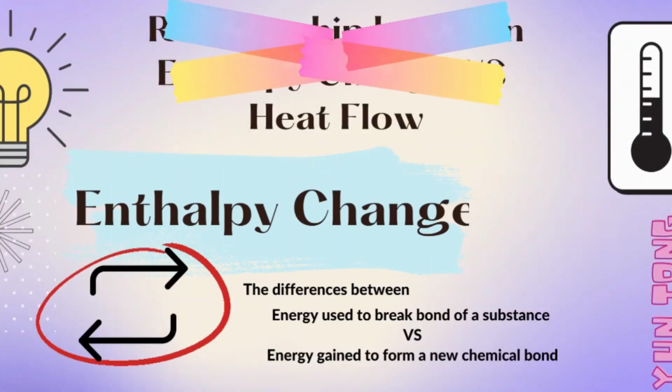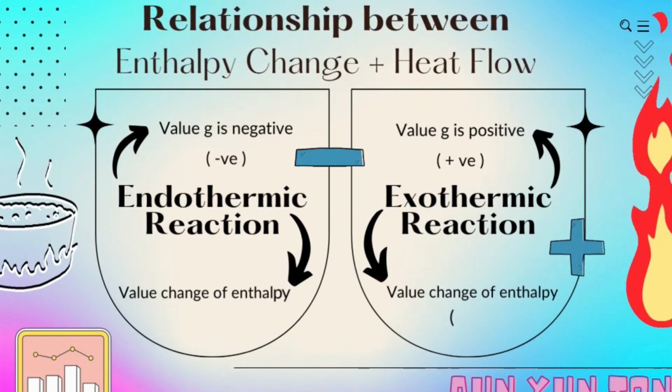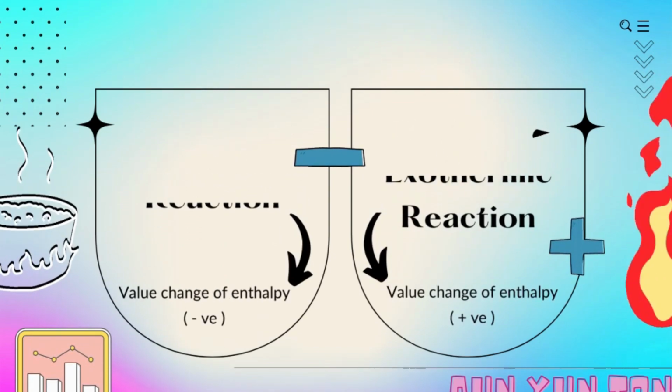At the same time, there is a relationship between the change of enthalpy and the flow of heat. Before I explain it, I would like to let you know what the change of enthalpy is. The difference between the energy used to break the bonds of a substance in a chemical reaction and the energy gained by the formation of new chemical bonds in the reaction is known as enthalpy change.